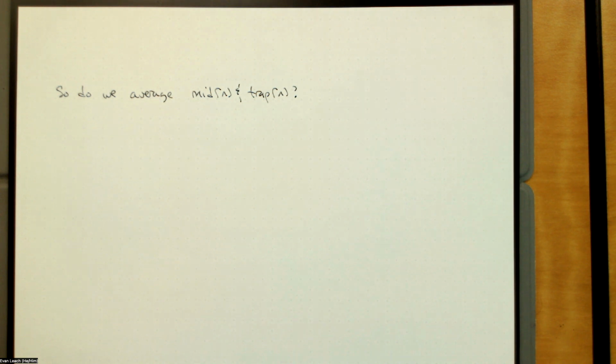This raises the question, should we average these two? If they're going to show up on opposite sides of the actual value of the definite integral, depending on the concavity, should we average them? And the answer is yes, we should, but not just equally.